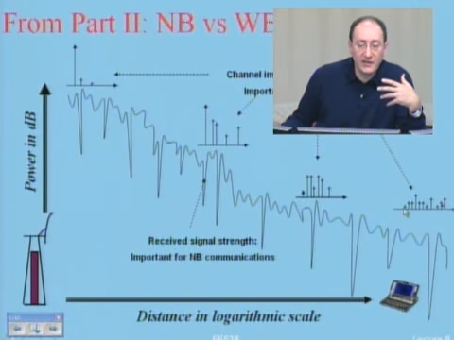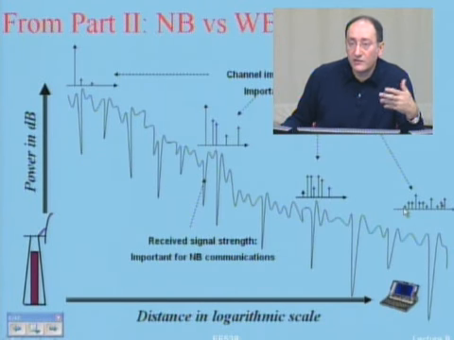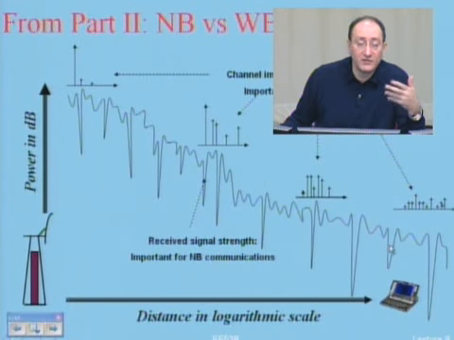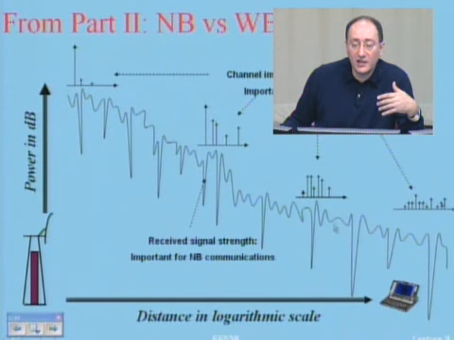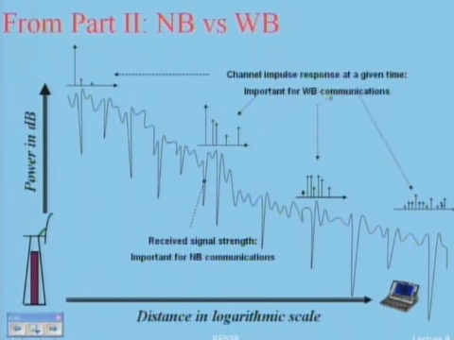Then we said that if you want to take this channel and use it for a modem, because part 3 of our lectures is related to the design of modems, these characteristics can be classified into 2 different things: characteristics related to wideband communications, and characteristics related to narrowband communications.